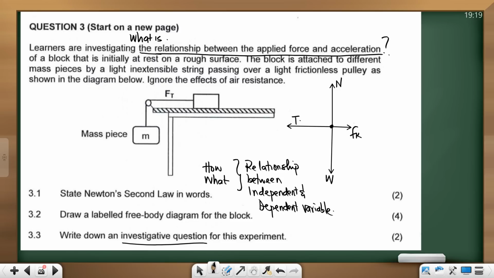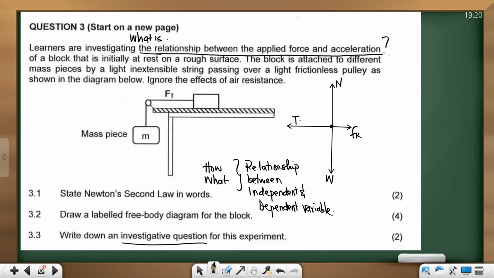No, this is an exam paper. This is actually a grade 12 paper. What is the relationship between the applied force and what? Acceleration. It's an investigative question. If somebody says, what is? Okay, we don't know. Let's go investigate. Make sense?